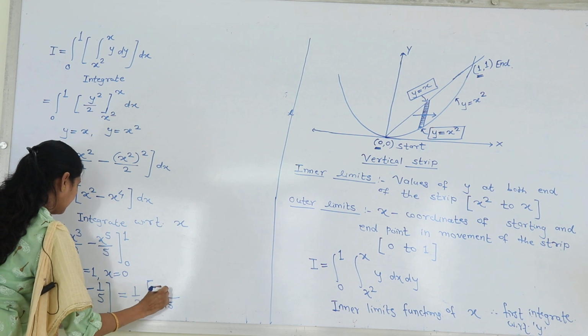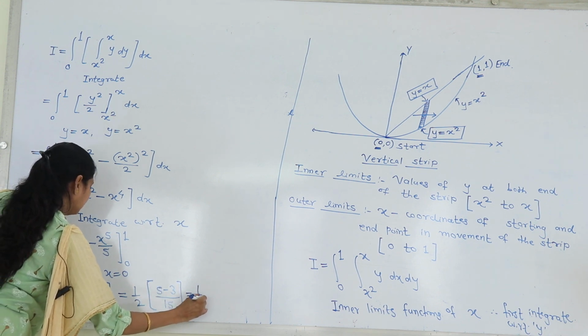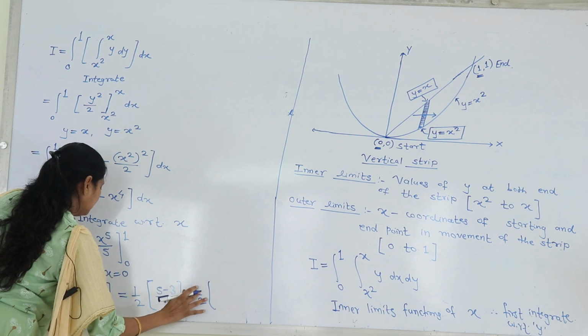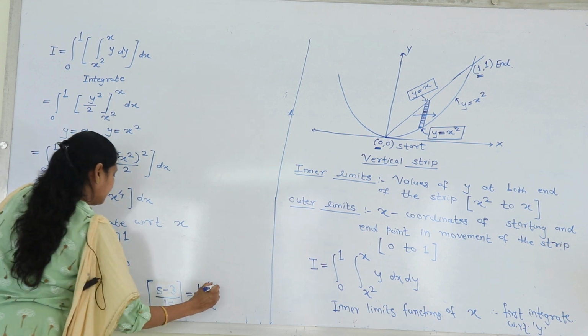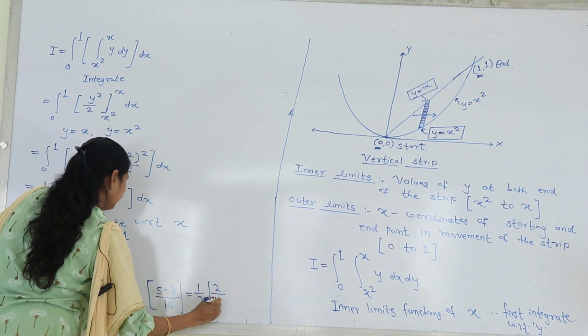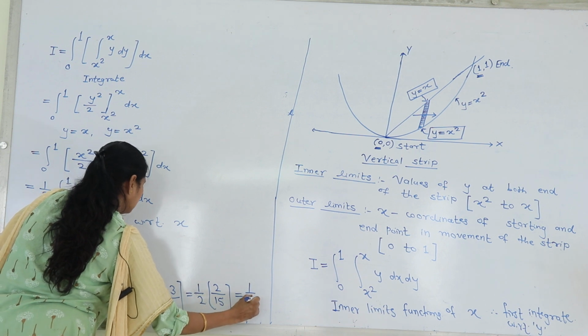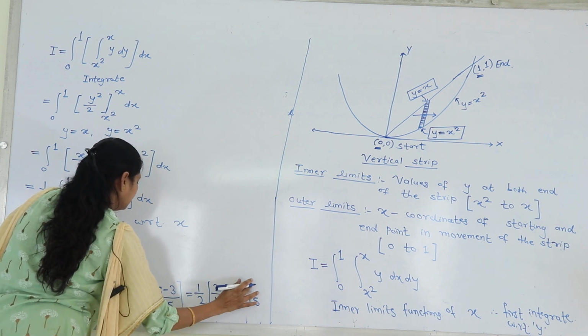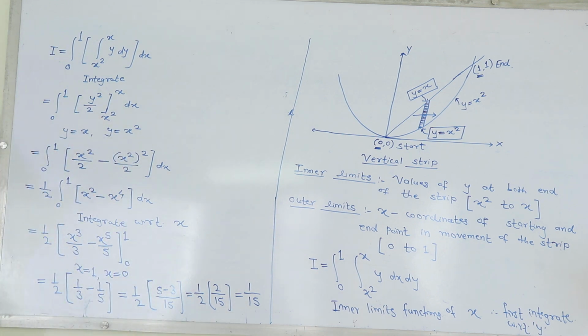Cross multiplication: 5 minus 3, that is 1/2 of 2 by 15. 5 minus 3 is 2. 2 by 15, the 2s cancel, so the answer is 1 by 15.